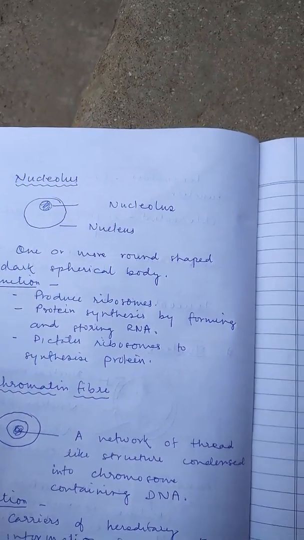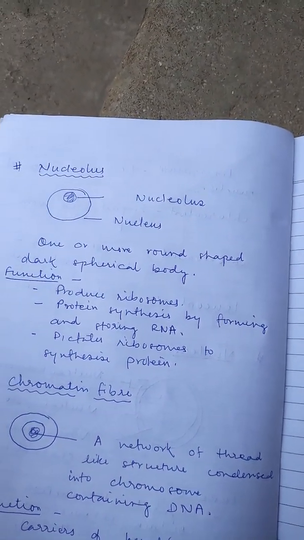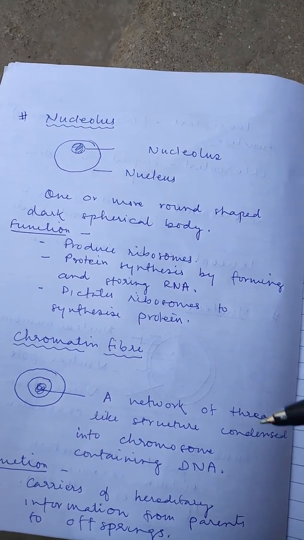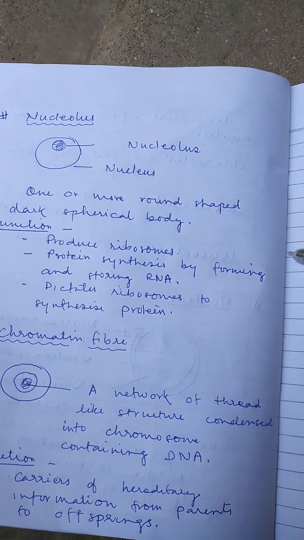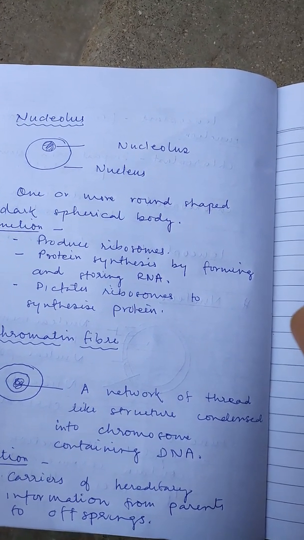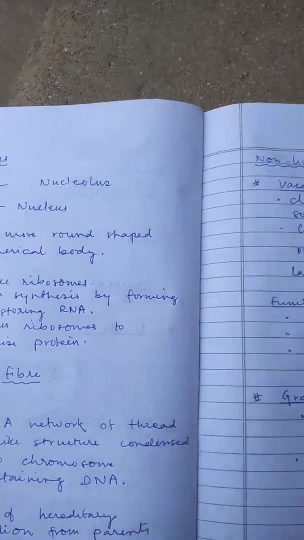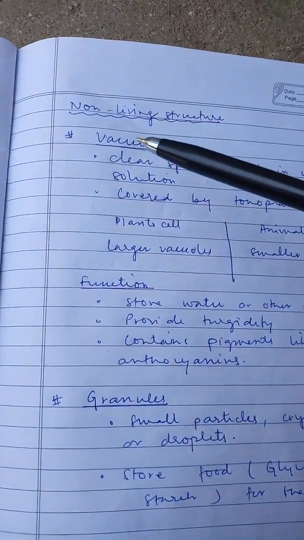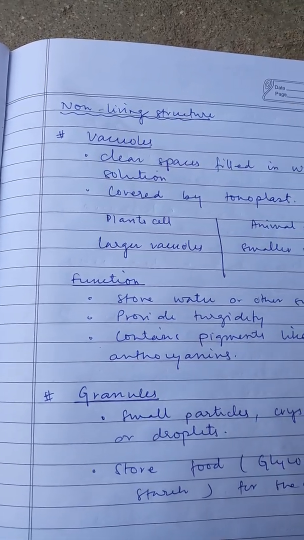Now, the cell contains living structures because the cell itself is a living structure. Along with the living structures, some non-living structures are present inside a cell, that are vacuoles and granules.